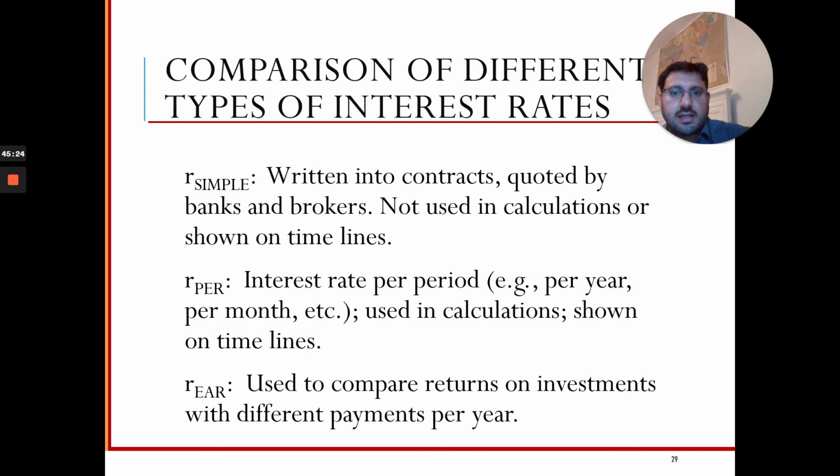Again, R simple is usually written in the contracts. For example, if you go to finance a car, mostly they will write the simple interest rate, saying our annual interest rate is 4%, we'll charge you 4%. But because they will be getting installment payments after every 1 month, or maybe every 15 days or every 2 weeks, the frequency of getting the payment from you is more than one time in a year.